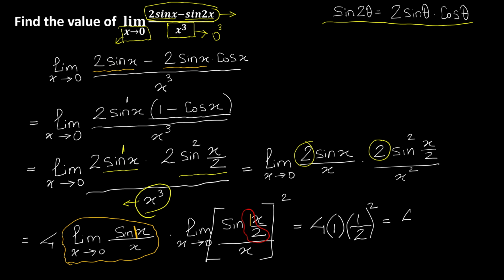So that gives me 4 times 1 is 4, and half square is 1 by 4, and I can cancel out this 4, and my answer is 1.